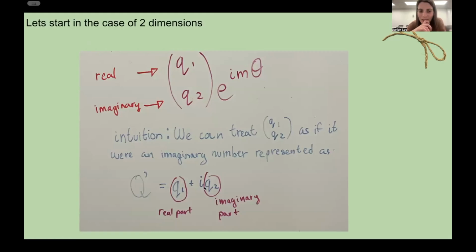So this next step here might seem a little bit weird, but essentially we're going to treat this query vector as if it had a real and imaginary component, essentially as if it were already a coordinate in this complex grid. So we're going to treat Q1, this odd index, as the real part, and Q2, or the even index, as the imaginary part, so that we can represent the whole query as real part plus i times imaginary part.